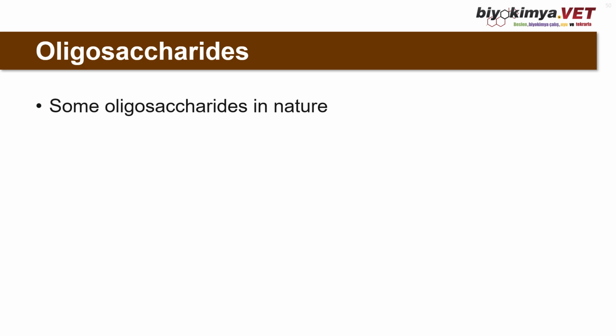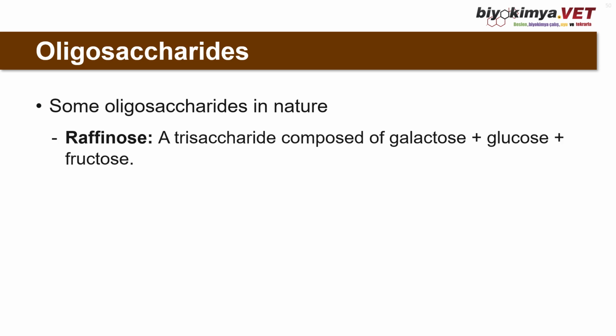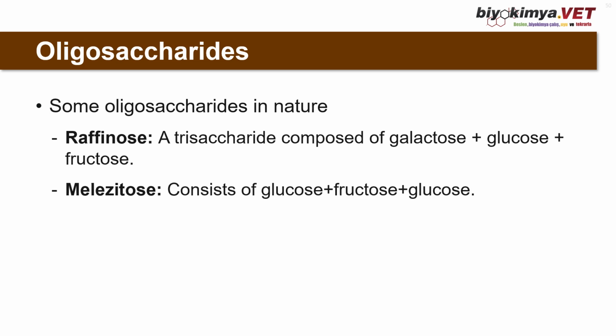And as a final slide of this topic, I want to talk about some oligosaccharides in nature. Raffinose, a trisaccharide composed of galactose, glucose, and fructose, is the most abundant oligosaccharide in plants after sucrose. Melezitose consists of glucose, fructose, glucose, a non-reducing trisaccharide synthesized by many sap-drinking insects. It is found in plant sap and especially in pine trees. It is involved in reducing the stress caused by osmosis in insects, and also it is a food source for bees.